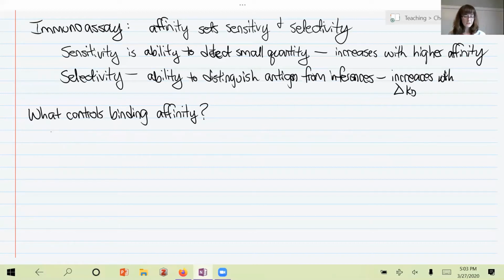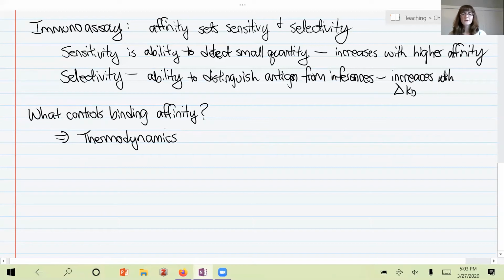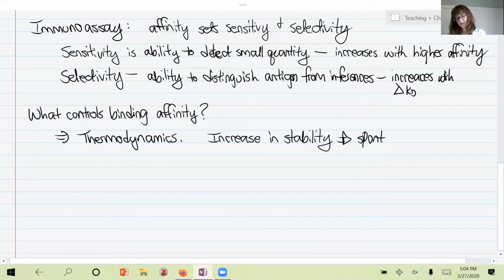Okay, so binding affinity is really set by thermodynamics. And by that, I mean the difference in energy between the free state and the bound state. All right, so an increase in stability is what is needed to have binding. So you're only going to have spontaneous binding if you get an increased stability, and the only way to get an increased stability is by releasing energy.